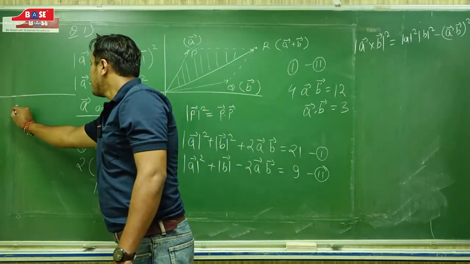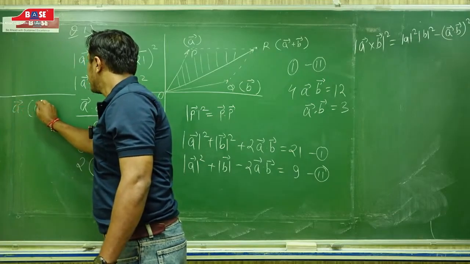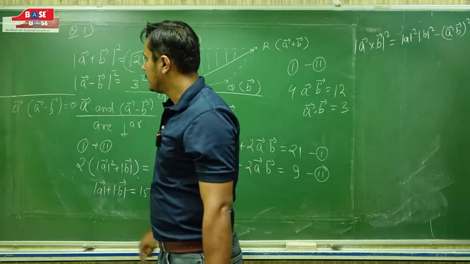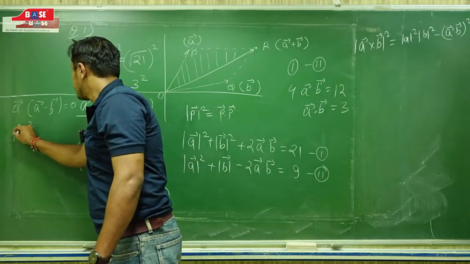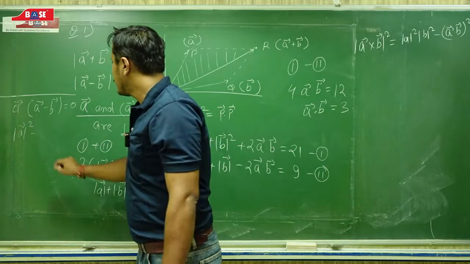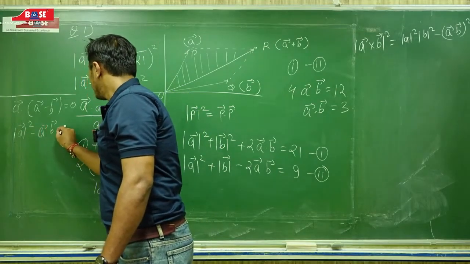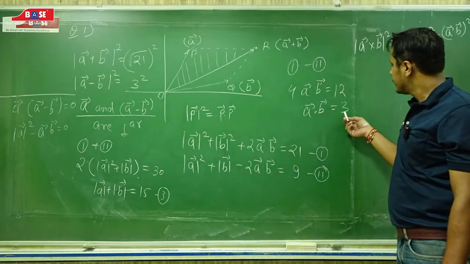So this is going to be a dot a minus b is equal to 0. So a dot a we know is mod a square minus a dot b is equal to 0. And we just got the value of a dot b. a dot b is 3.